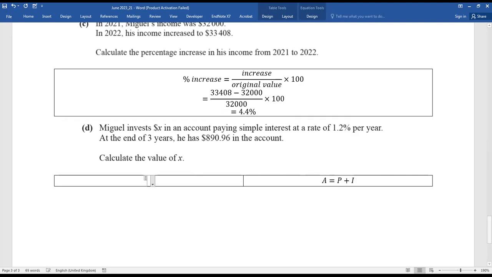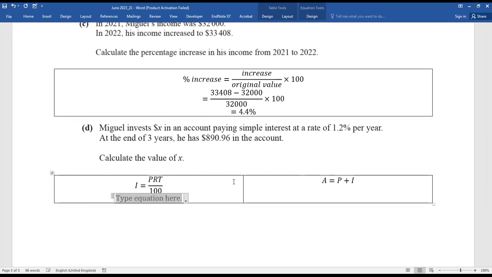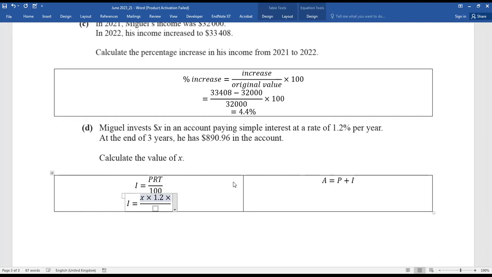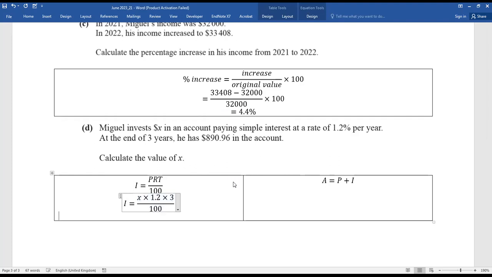When you use I equals PRT upon 100, that gives you just the interest that was accumulated. So the principal is X, rate is 1.2, time is 3, and divided by 100. This will just give me the expression for interest.